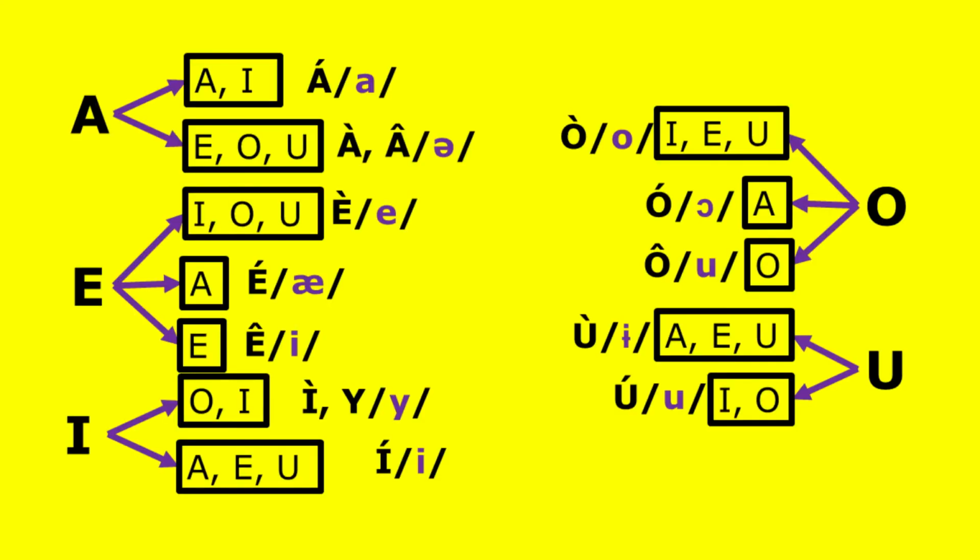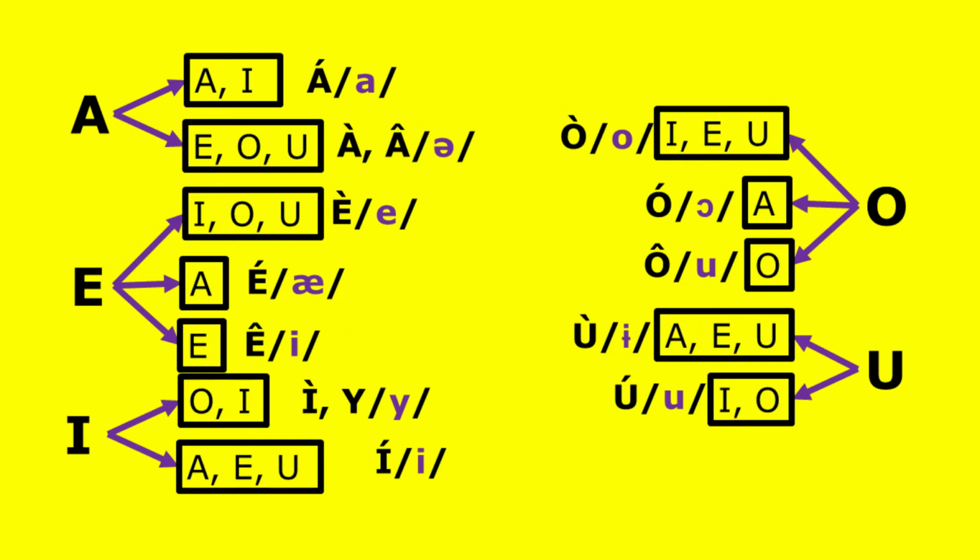Circumflex and nasals only apply for A, E, and O, not for I and U. And finally, the letter U. When the word ends in E or U, the U is going to sound like a quite uncommon vowel, but it does exist in some Romance languages.